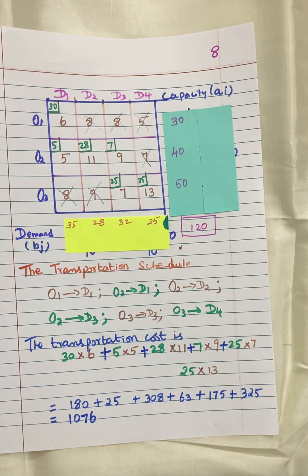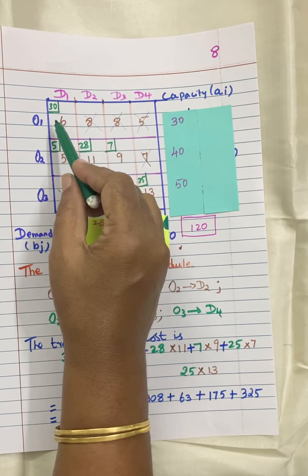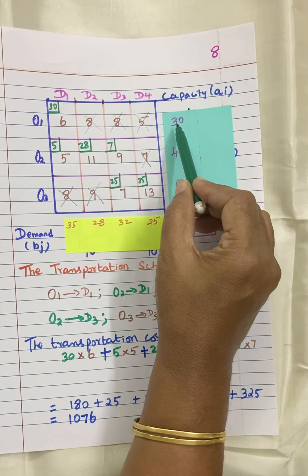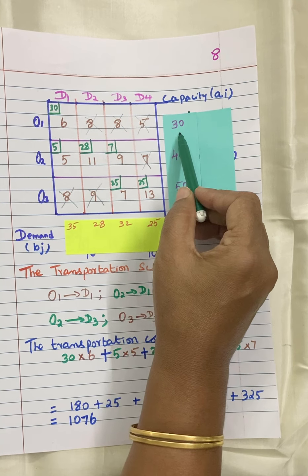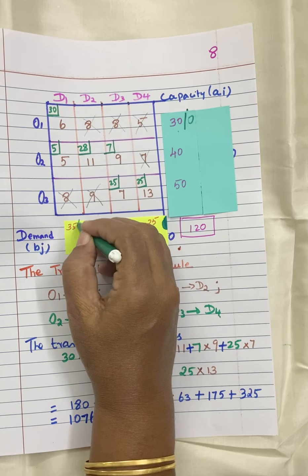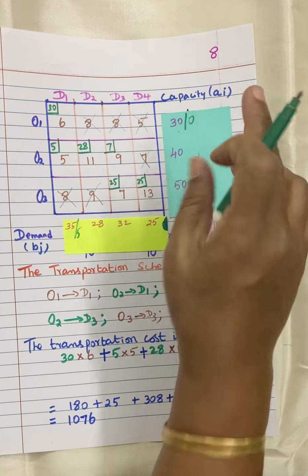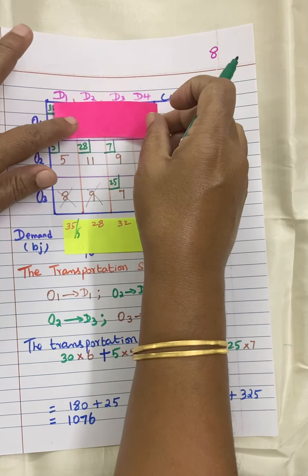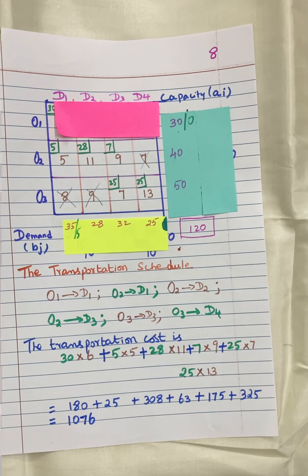Okay. Northwest corner is 6. Supply is 30. Demand is 35. Lowest is 30. You assign 30. You subtract 30 from both. This becomes 5. You close the first row because I cannot supply anything further. My availability is over. Okay.